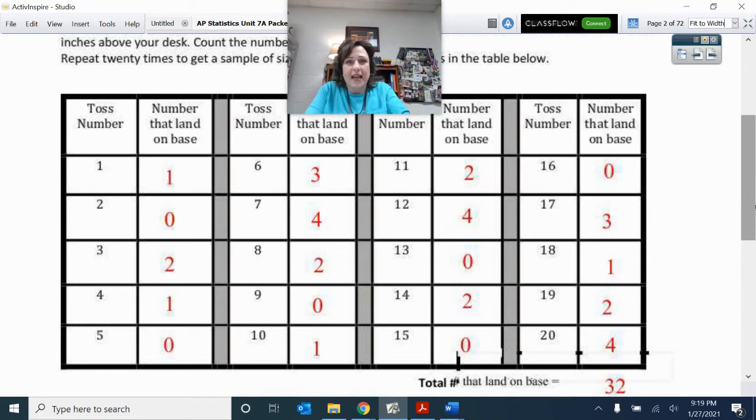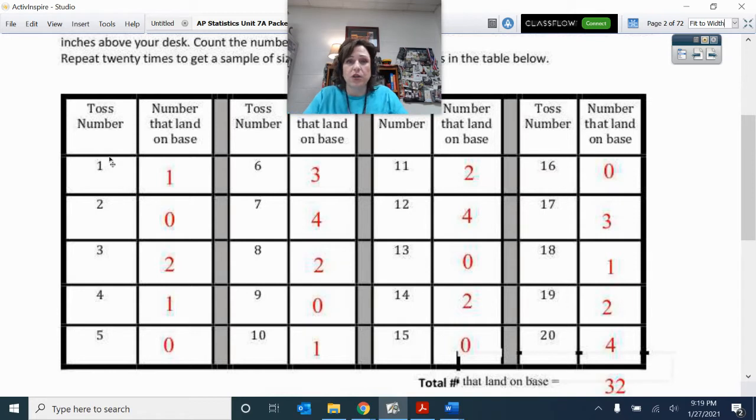You can see, and I'm going to shake them up and then drop them. And let's see, 2 out of 5 landed on their base. So then I would record that amount, and I'm going to toss these 5 20 times.